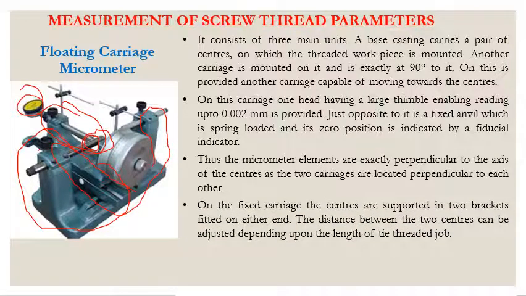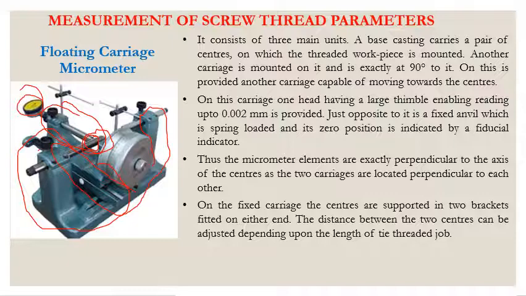On the fixed carriage, the centers are supported in two brackets fitted on either end. The distance between the two centers can be adjusted depending upon the length of the threaded job.